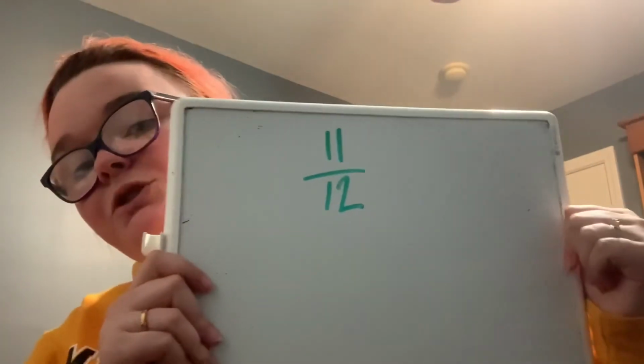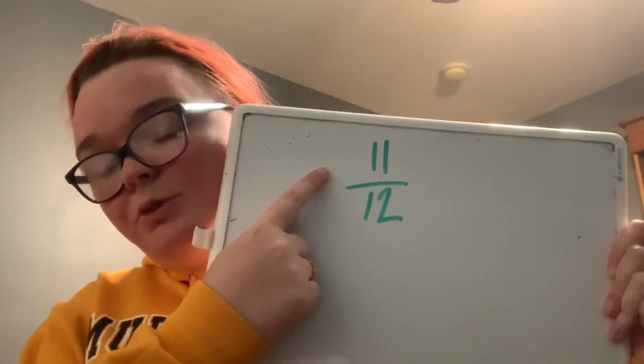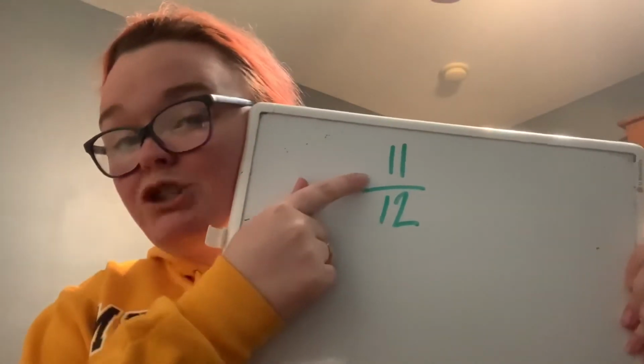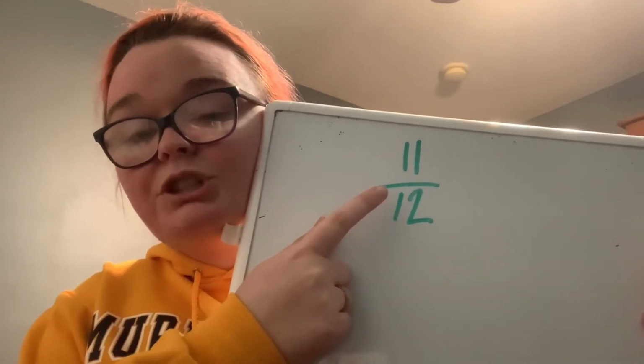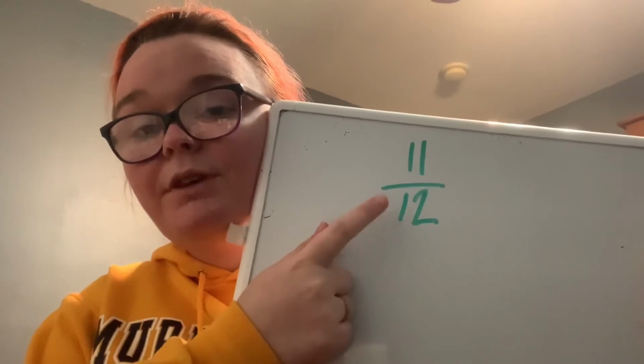So I'm going to first write it out. So 11/12 is 11 over 12. So there we have 11/12. 11 is the numerator, meaning that is the part that will be shaded or taken away from our denominator, which is 12. So we will have 12 equal parts of a whole.